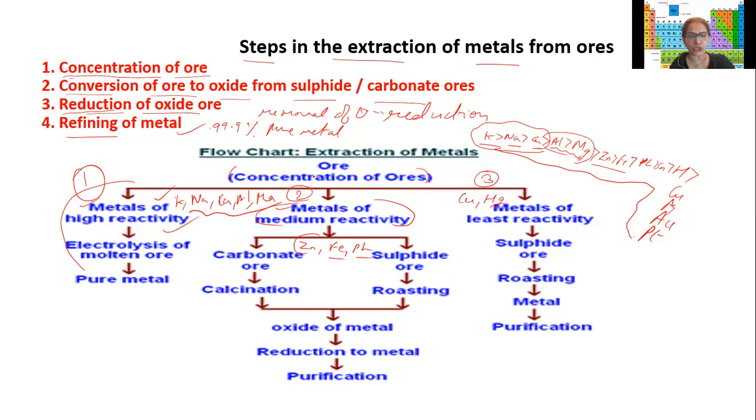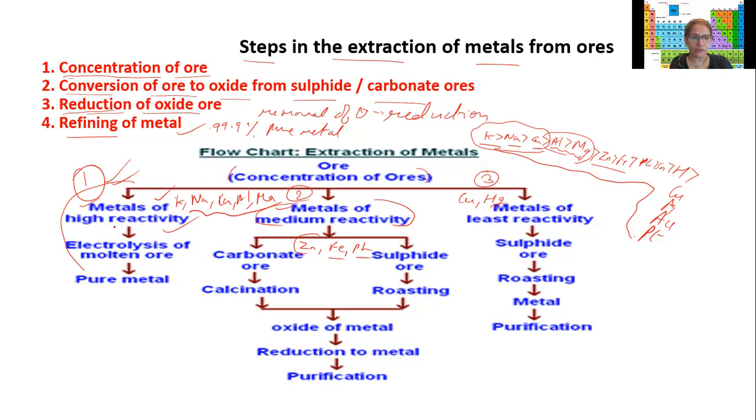Now we have a flow chart here. What is the use of the flow chart? The flow chart gives us a picture of how the metals in the reactivity series, we know that there are some very reactive metals, some least reactive. The ones which are on top of the reactivity series are extracted using the first steps.